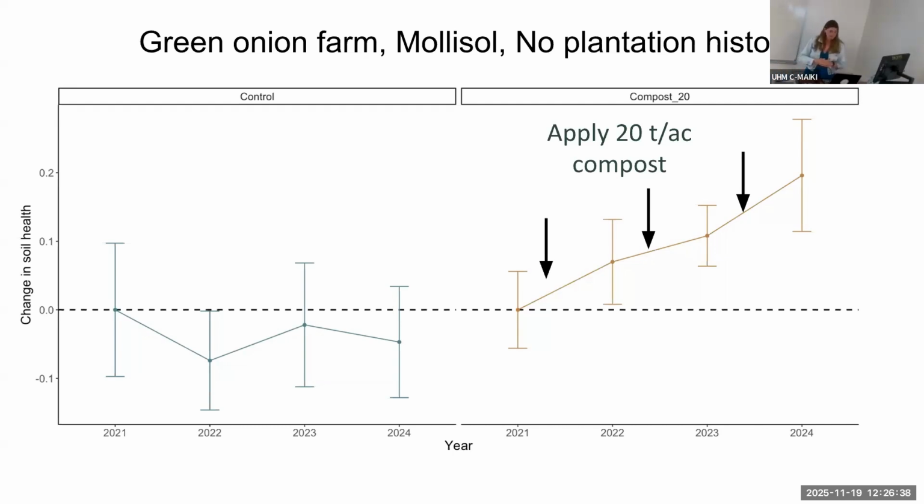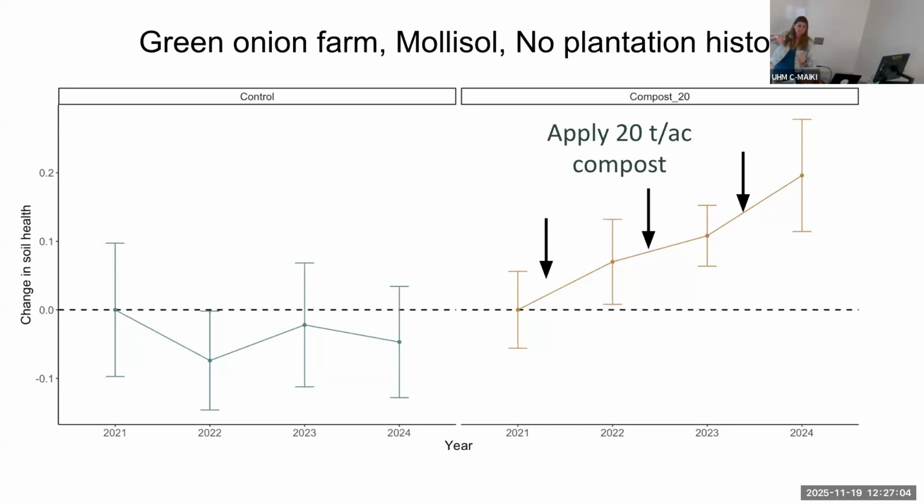So what we found, looking at the change of soil health, is that each year we saw an incremental increase. Overall, we have about a 15% increase in the soil health score. We're still doing this research. We have it at different farms, and we find that this has been replicated at different places, but the response can vary.